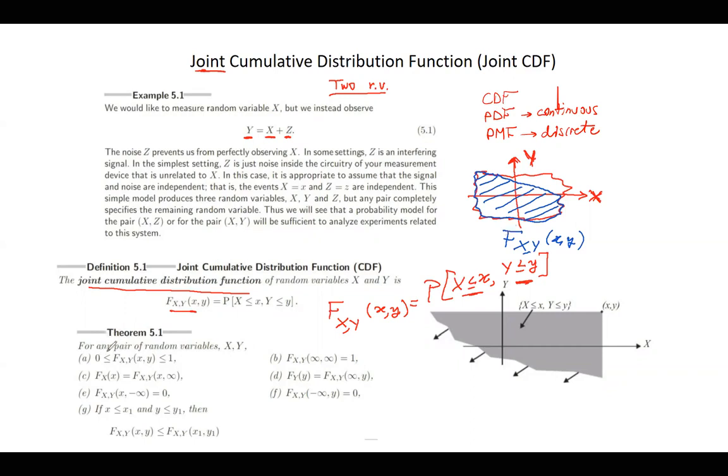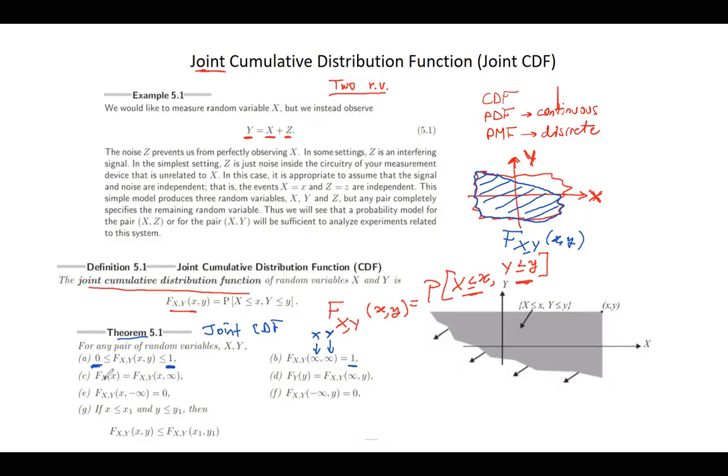Here are the properties of joint CDF. So let's write it, joint CDF. Joint CDF is in between 0 and 1. So it cannot be less than 0. It cannot be greater than 1. It's limited to 0 to 1. And when we take x and y as infinite, then joint CDF becomes unity.